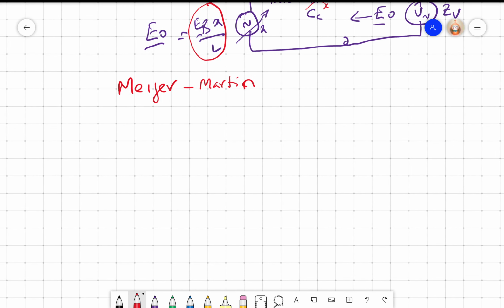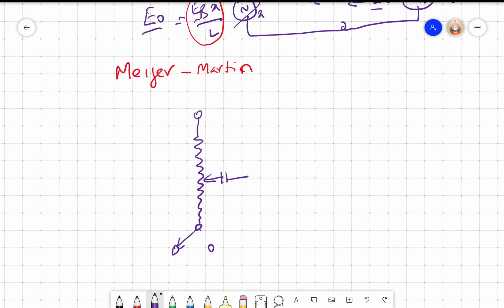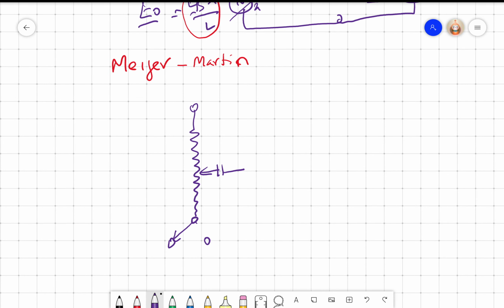There is a very simple circuit that is possible to use, where we have the transducer. So we connect one switch here, we connect another switch here.